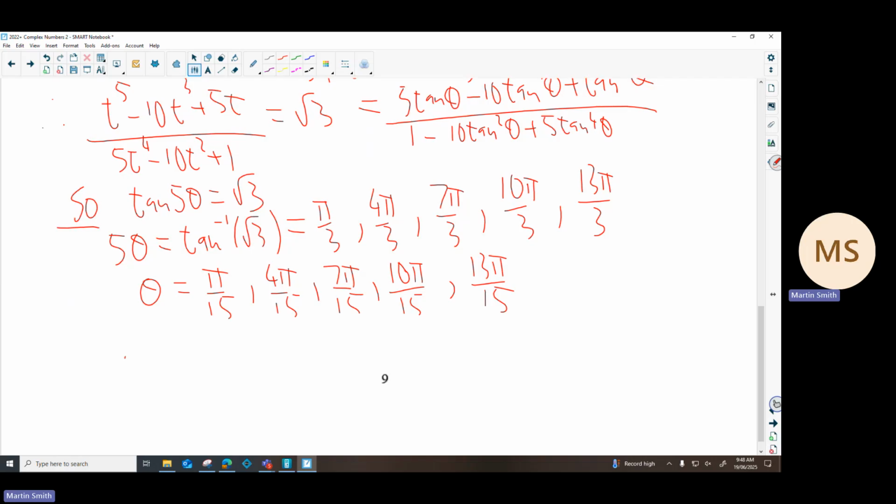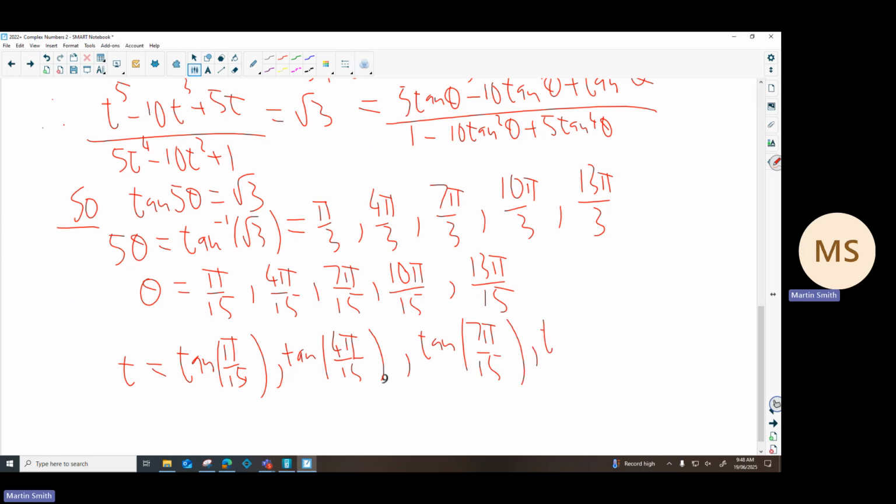So the first value of t is tan of pi over 15. The second value of t is tan of 4 pi over 15, or it could be tan of 7 pi over 15, or it could be tan of 10 pi over 15, which is 2 pi over 3, or it could be tan of 13 pi over 15.